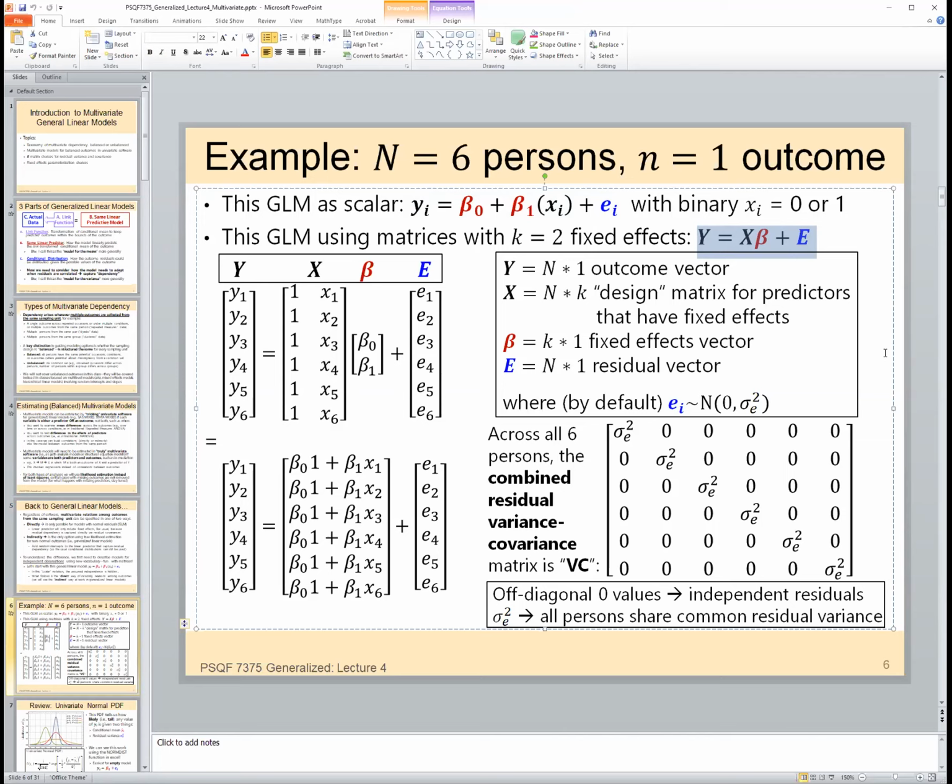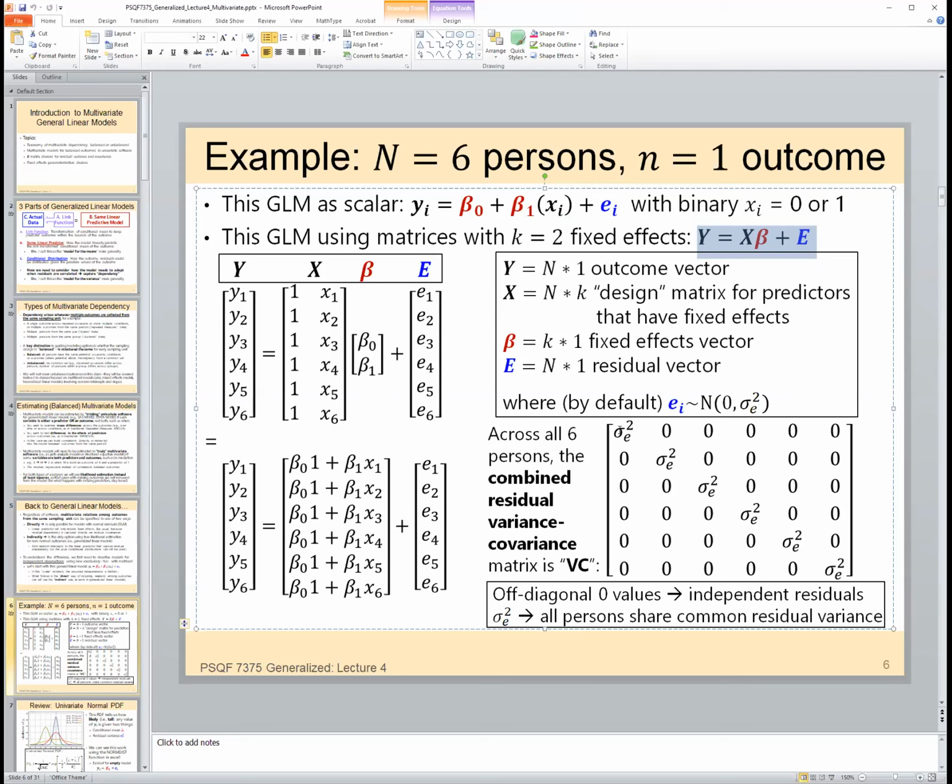And please correct me, math people, if I get any of this wrong. X is a matrix that holds the predictors that have fixed effects, slopes that are the same for everybody. Beta is a matrix that holds the fixed effect estimates themselves, so the intercept estimate and the slope estimates. E is a matrix that holds everybody's residuals. And when you write it this way to describe the predicted outcome, you can also describe the predicted variance of the outcomes.